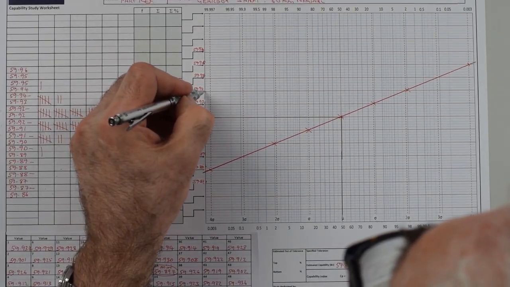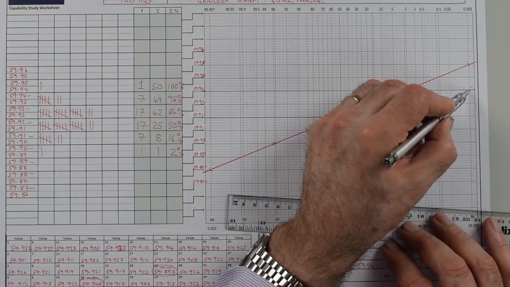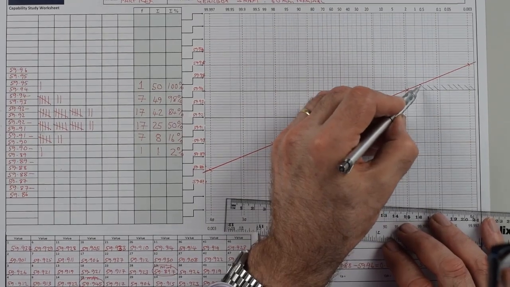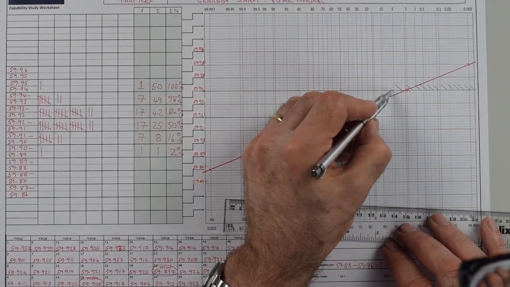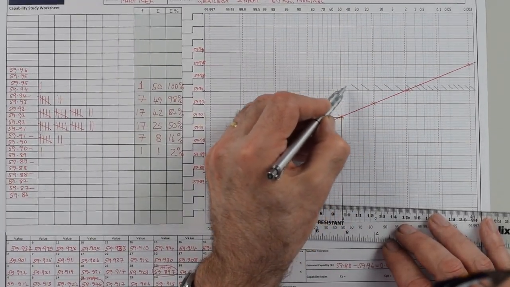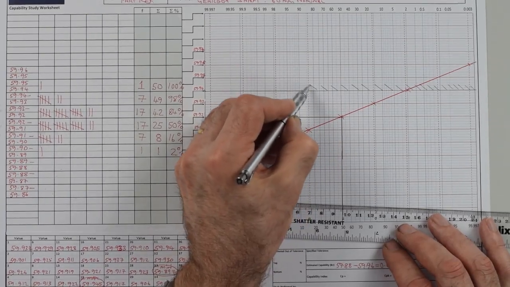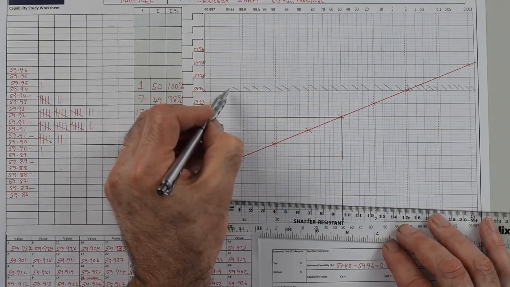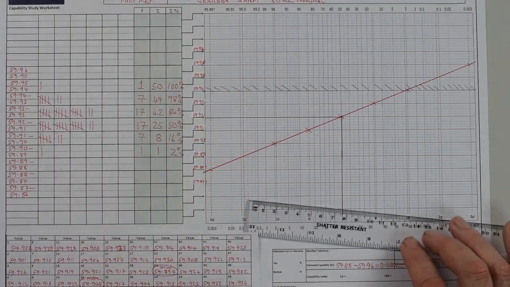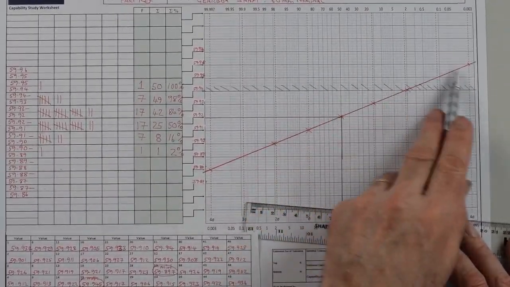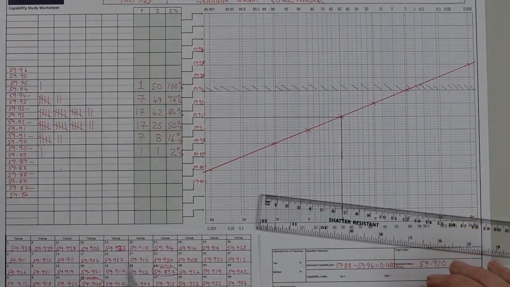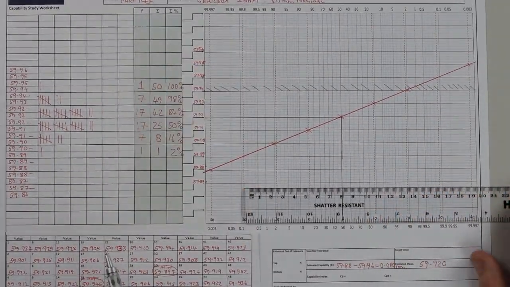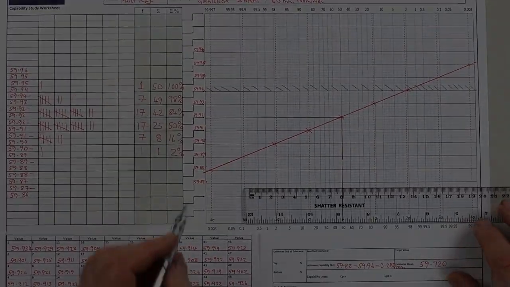So 59.940, and I like to shade the side of the specification limits which are on the failure side of the manufacturing tolerance. In other words, product falling in this area above the line will fail. And the other one is 59.866.